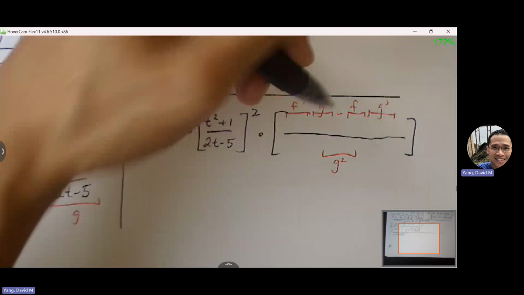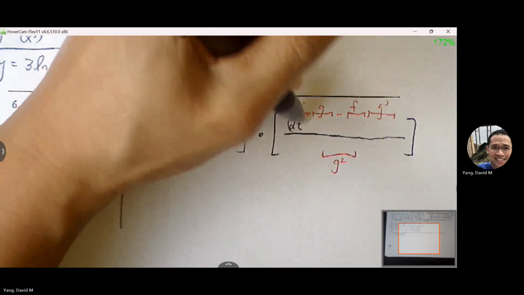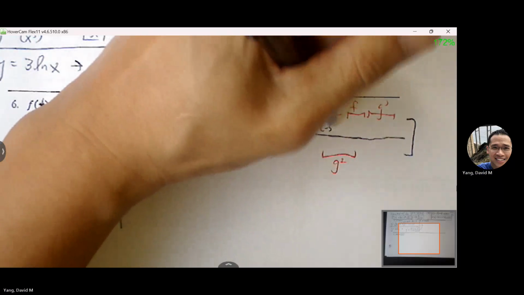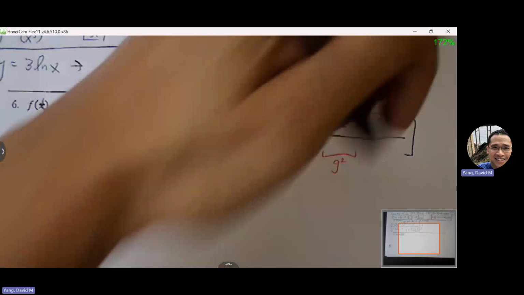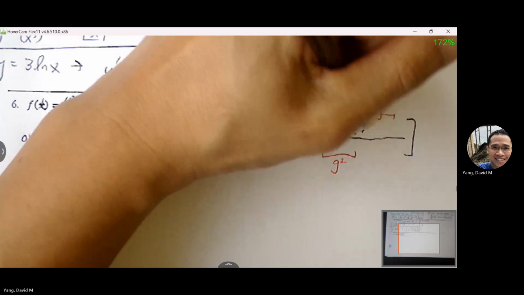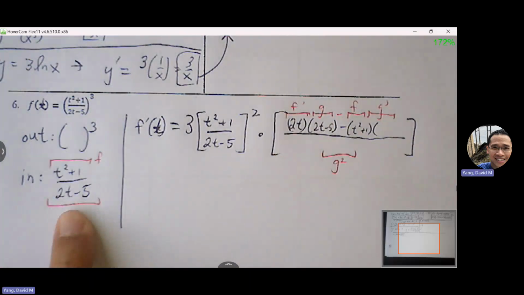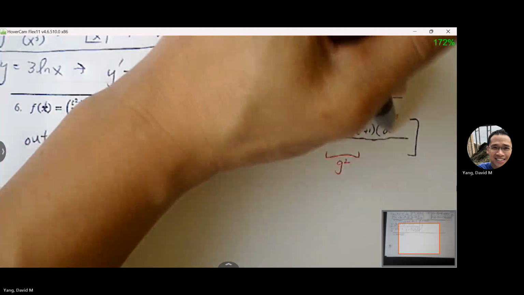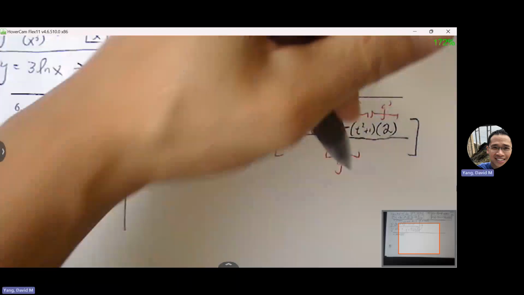f prime. The function, no changes. f function, no changes. g prime. All over denominator squared.